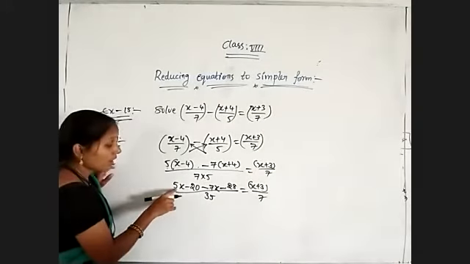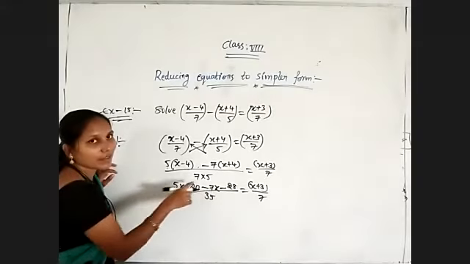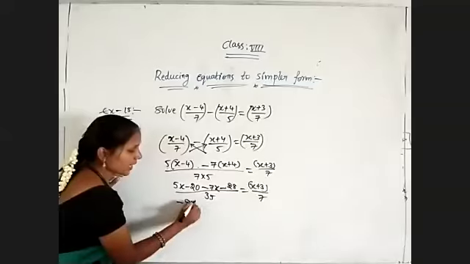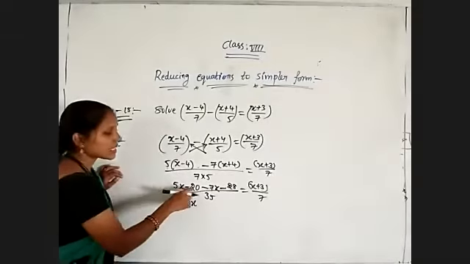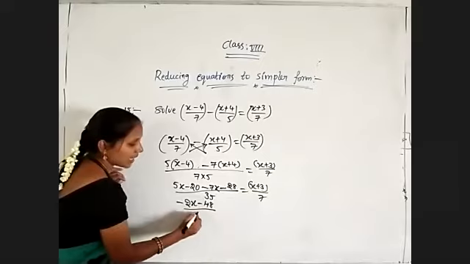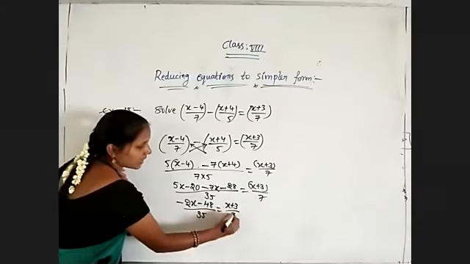One is plus, one is minus, so subtract. 7 is the bigger number, 7 minus 5 is 2, and 7 has the minus symbol, so minus 2x. Minus 20 minus 28 is minus 48, over 35, equal to (x + 3)/7.